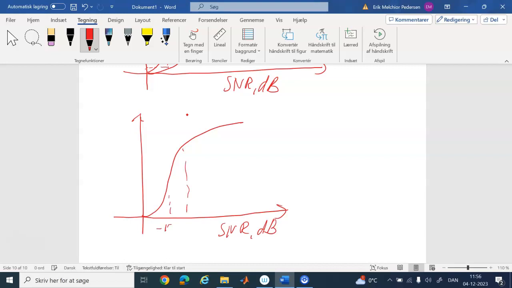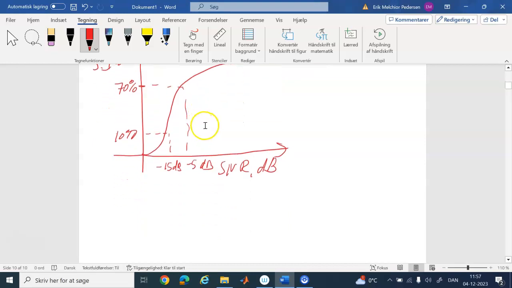If you have minus 15 dB in speech to noise ratio, it maybe gives 10% speech intelligibility, but if you increase to minus 5, it gives maybe 70%. So just reducing the background noise by 10 dB could increase the speech intelligibility very much.